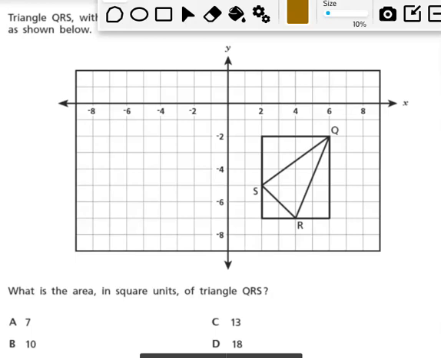So I'll just explain. Basically I kind of did the same thing, and then I also kind of used logic, because if you were to count the spaces in the triangle, not including the triangles and stuff, you can see that there's 10. But since some of them are half squares, they're triangles, so you couldn't count those as whole squares.